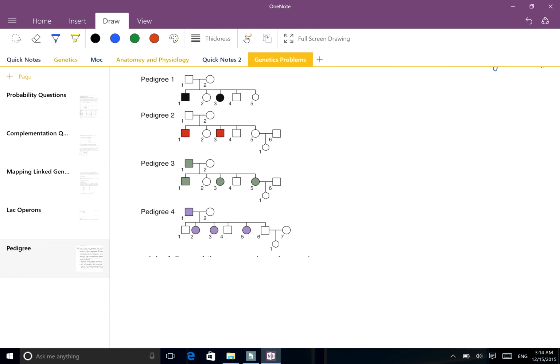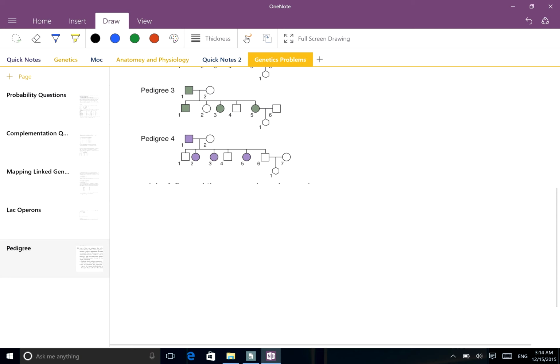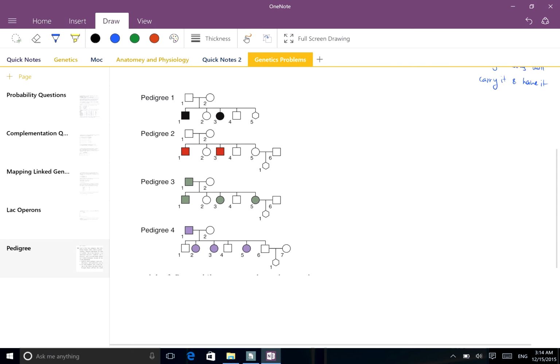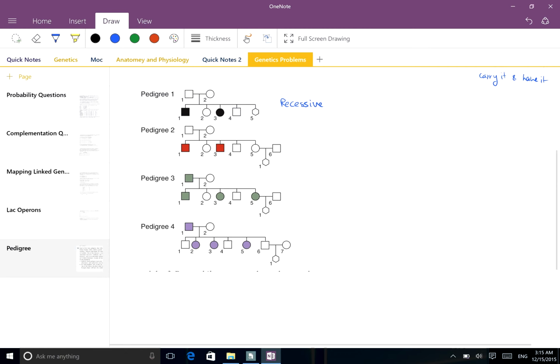For this first one, I can see that I have affected children, but their parents are not affected. So I can see that it's definitely recessive. I'll look at whether it's autosomal or sex-linked later.